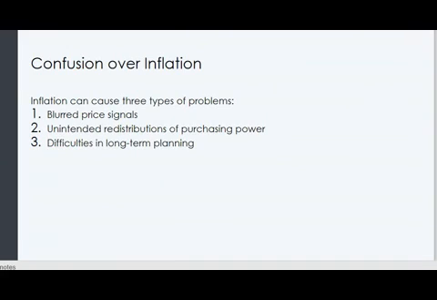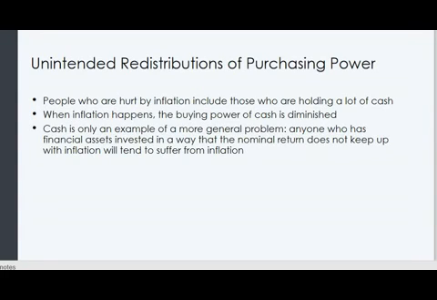So, confusion over inflation. Inflation can cause three types of problems: blurred price signals, unintended redistributions of purchasing power, and difficulties in long-term planning. People who are hurt by inflation include those who are holding a lot of cash. Okay? When inflation happens, the buying power of cash is diminished. Okay?